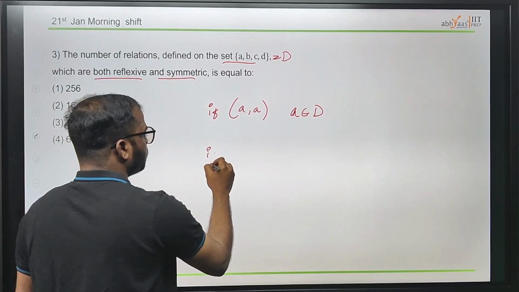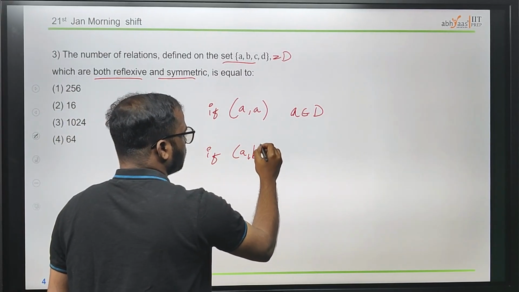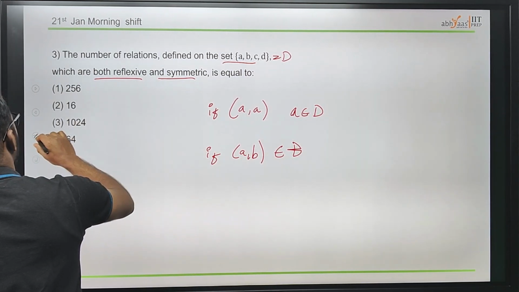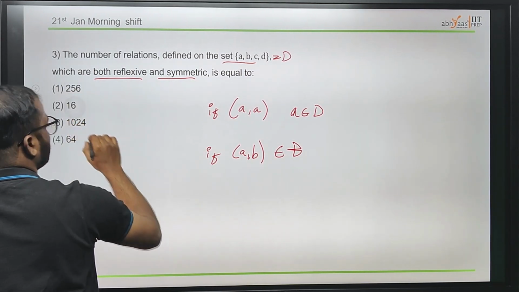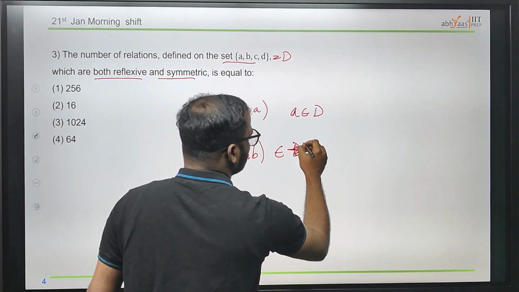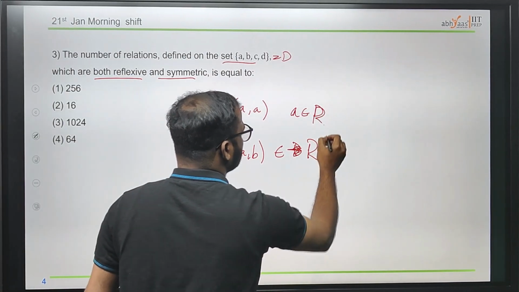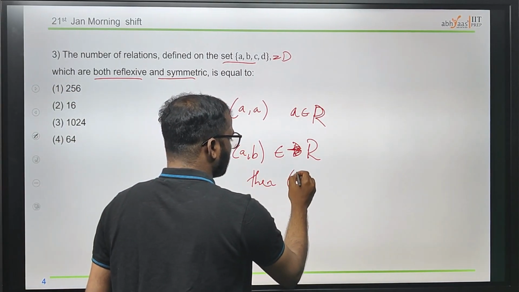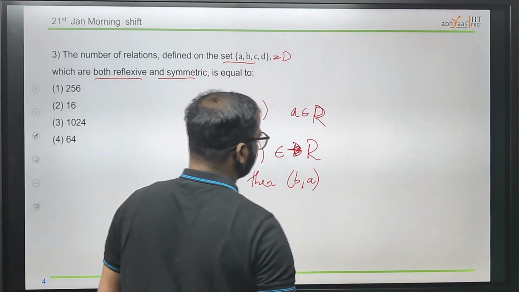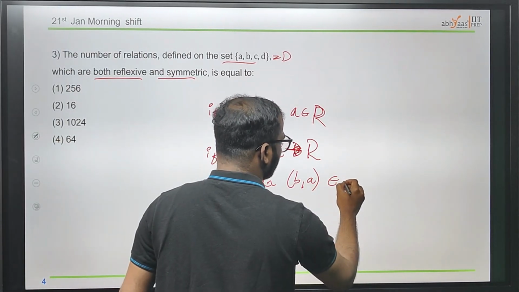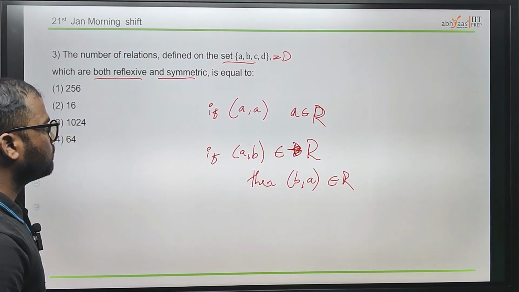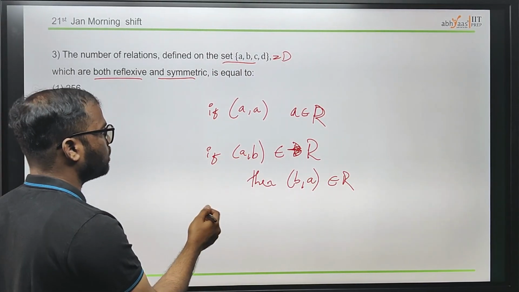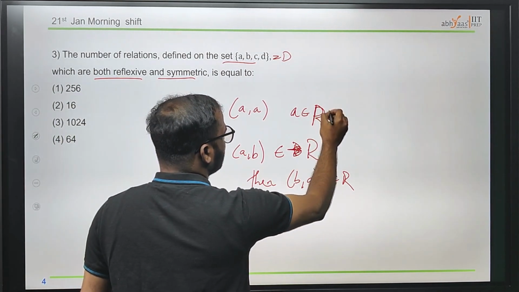Symmetry is nothing but if (a, b) belongs to R, sorry, not D, that is relation R, then we have (b, a), which must belong to R, which is nothing but our relation. This (a, b) belongs to this set {a, b, c, d}. I hope you understood.